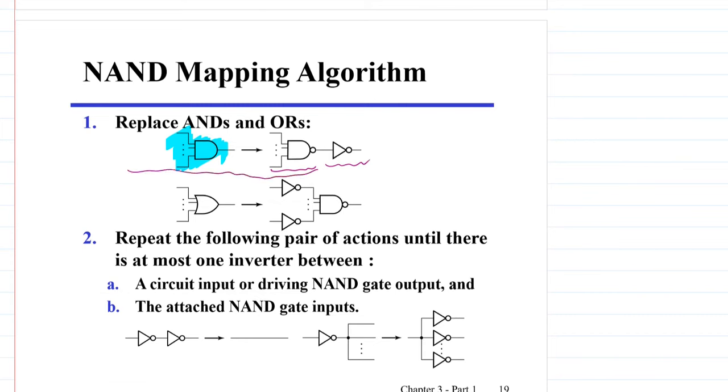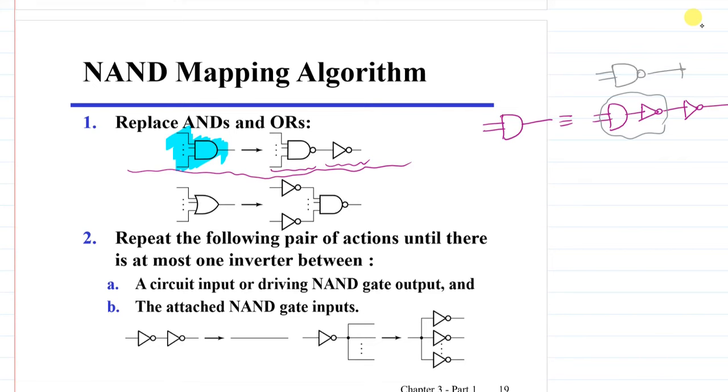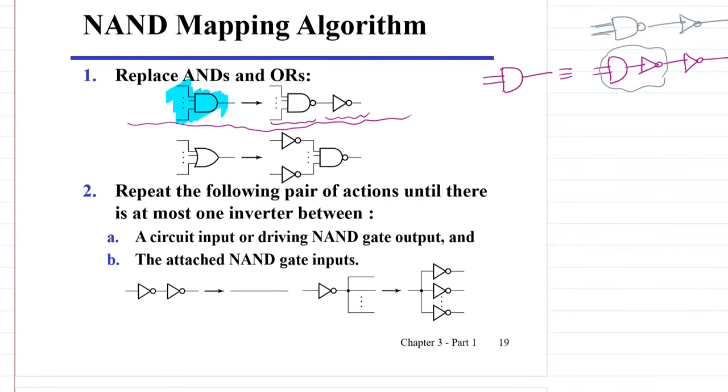For the AND, it's quite straightforward. If we have the AND in this way, we can place two inverters one after the other, and we know that AND and invert is equivalent to the NAND. So we will have a NAND followed by an inverter in this form.